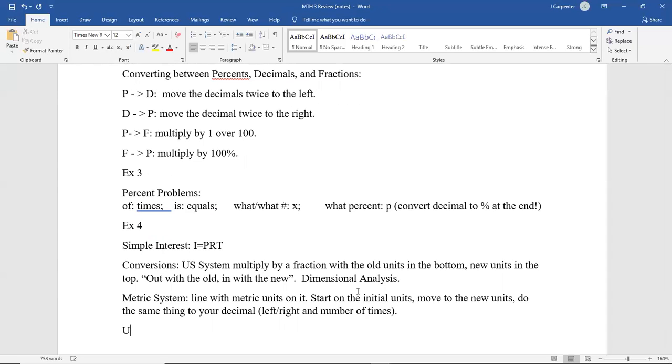When we were going from US to metric, or metric to US, it could be a combination of both of these things. You usually saw the dimensional analysis type, but sometimes you need the metric line too.